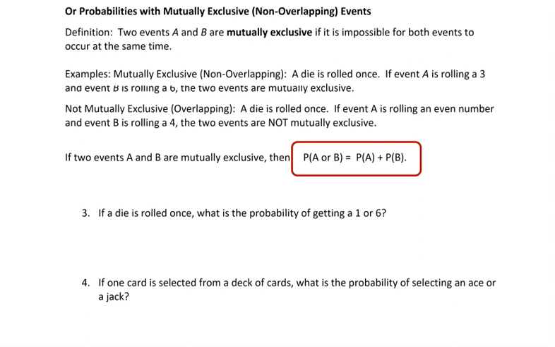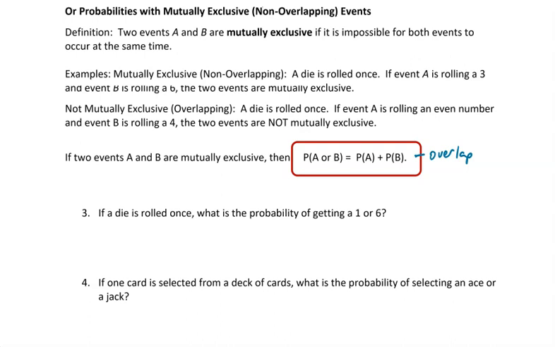So if two events A and B are mutually exclusive, then it means you can just add their probabilities. Now, with that said, don't worry about this too much, because in the end, this is just saving you some time, if you notice, because that overlap is just 0.